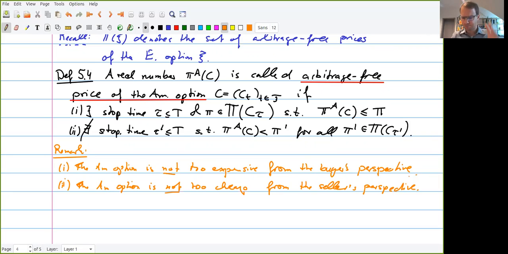So here, the definition of arbitrage-free prices already reflects this asymmetry between the buyer and the seller, right? Because the buyer can decide when to exercise the option, but the seller has no influence on this whatsoever. Okay.